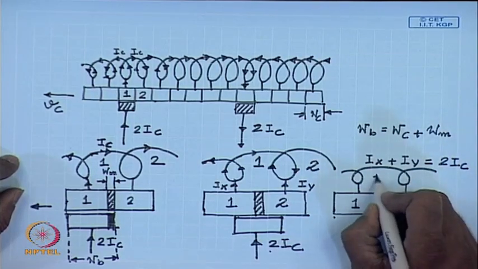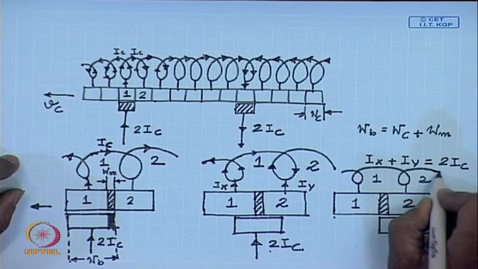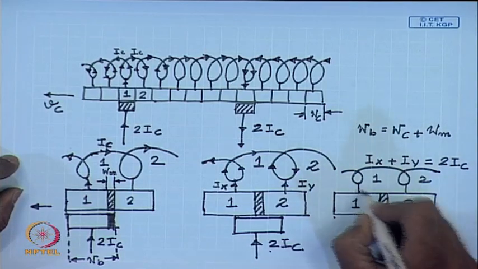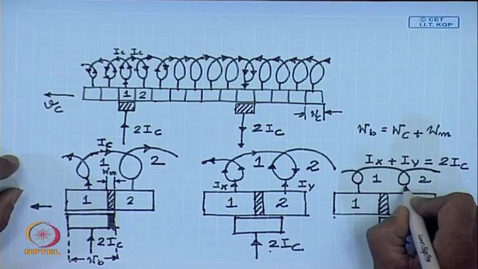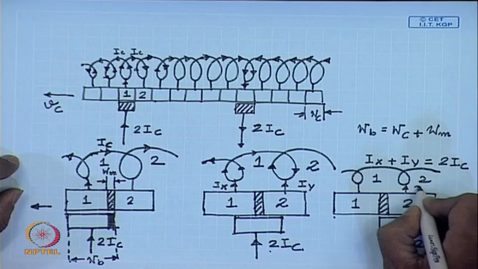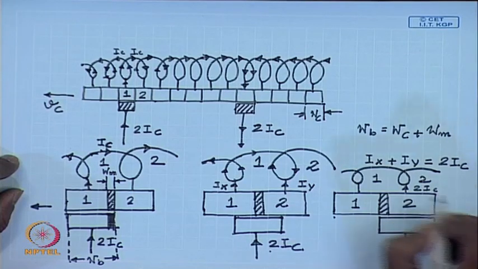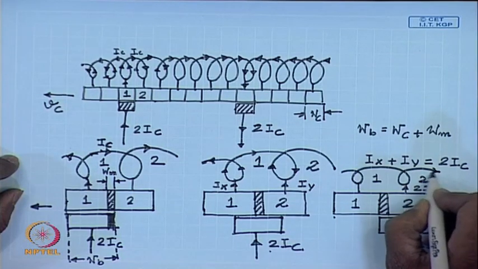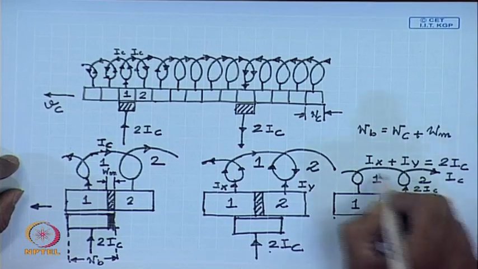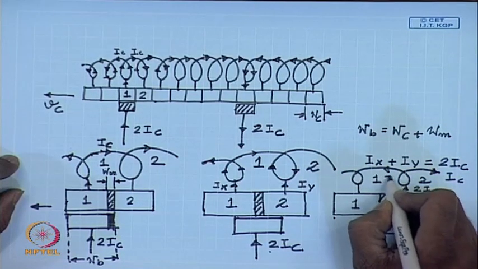This was coil 1, this is coil 2. So, once it has left, this current will now be 2 IC, this current will be IC and this current will be IC.